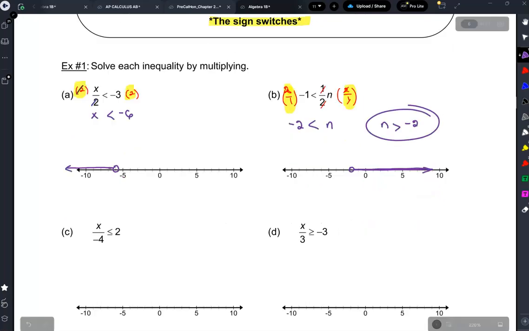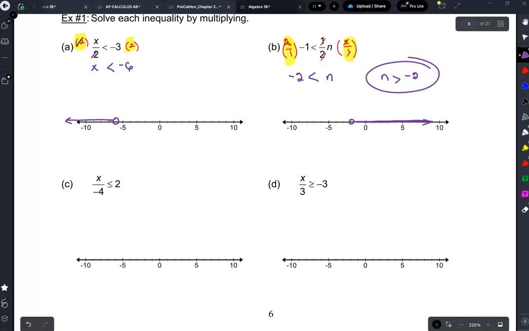Okay, let's do this one. Now look. I'm going to multiply by negative 4, negative 4. So here, this cancels. I get x. Here, I'm going to get negative 8. Keep the sign or switch the sign? Switch the sign because I multiplied by a negative number.